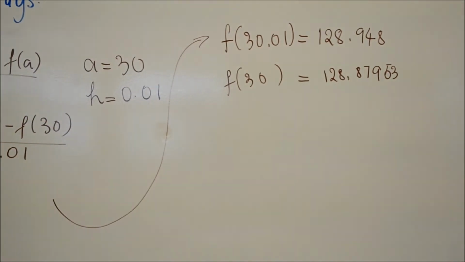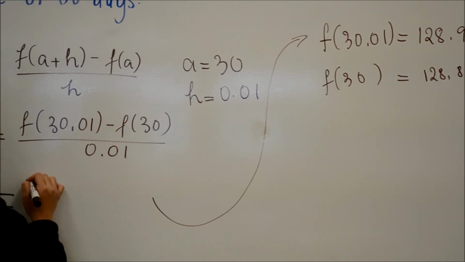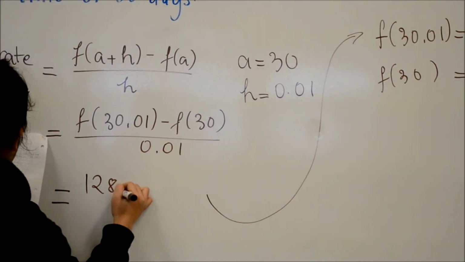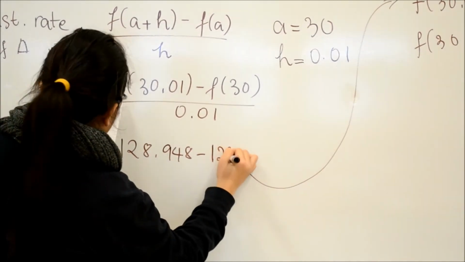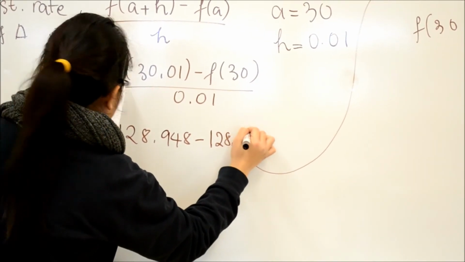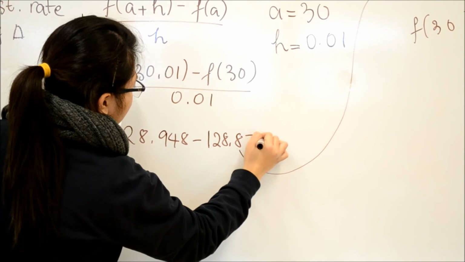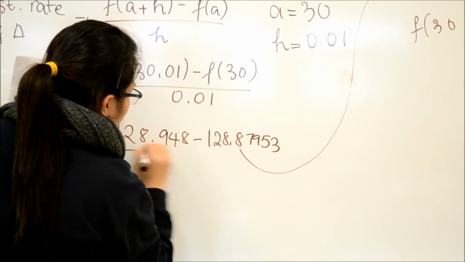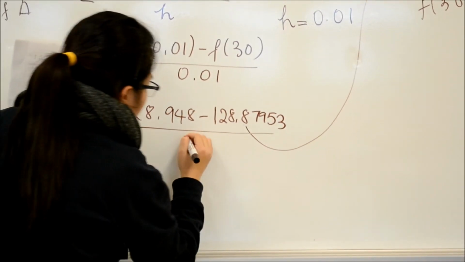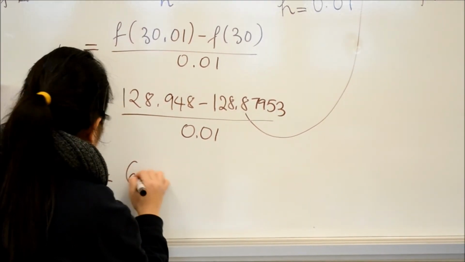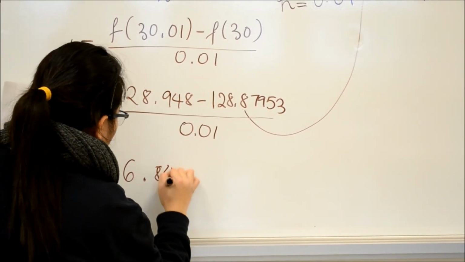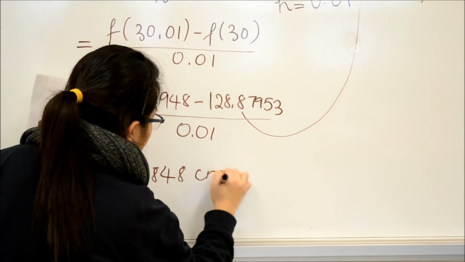Plugging those answers into this formula, we have 128.948 minus 128.87953 divided by 0.01, and we got 6.848 centimeters per day.